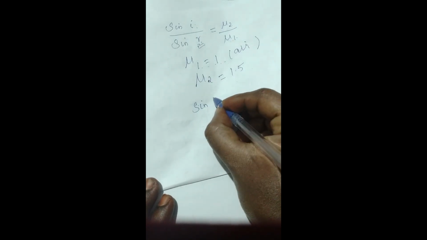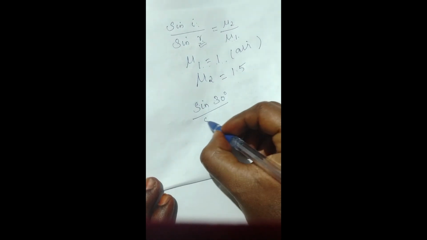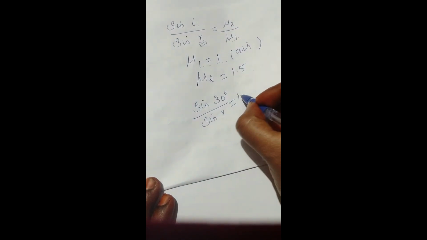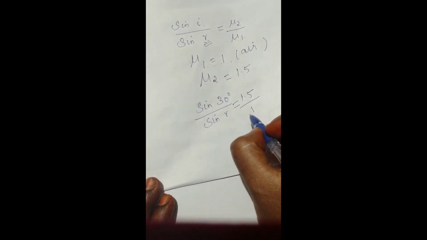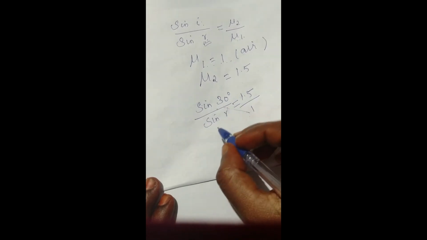Sin 30 degree divided by 1.5 divided by 1, equal to sin R. Okay, 1 into sin 30, just cross multiply it, 1 into sin 30 degree.